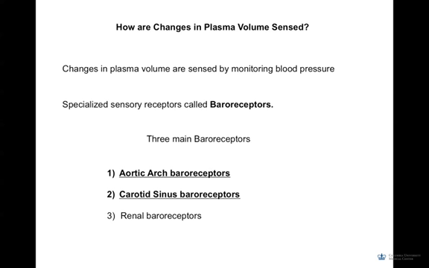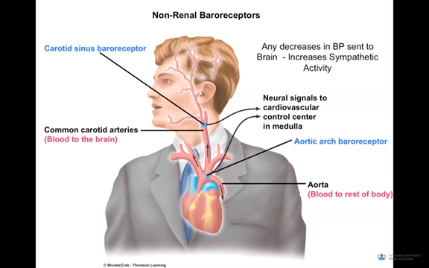Now, our other baroreceptors that we talked about earlier, the short-term baroreceptors, aortic arch and carotid sinus, they also play a role here. These carotid sinus and aortic arch baroreceptors are going to actually get the ball rolling on this system, because they are very sensitive to the onset of a change in blood pressure.